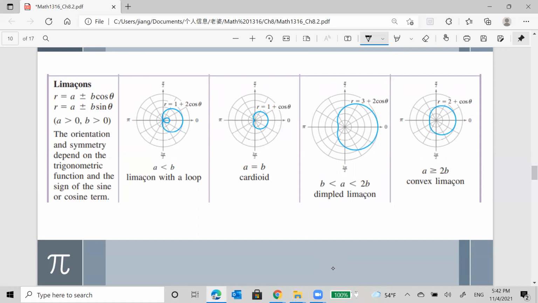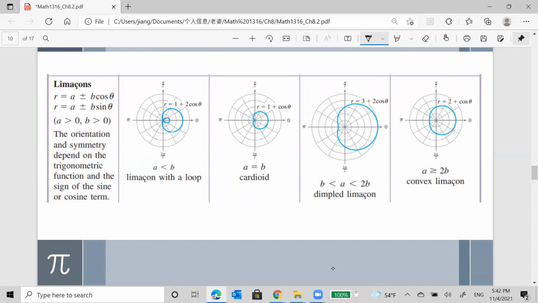For example, r equals 1 plus 2 cosine theta. So a is 1 and b is 2. If b is greater than a, the shape is like this. That's just like you have a suction cup, and then you suck from this side. For example, you give the pressure for this one.